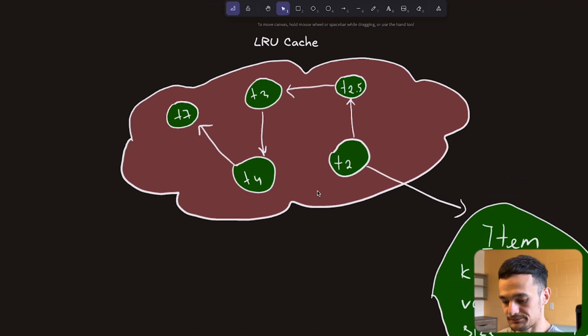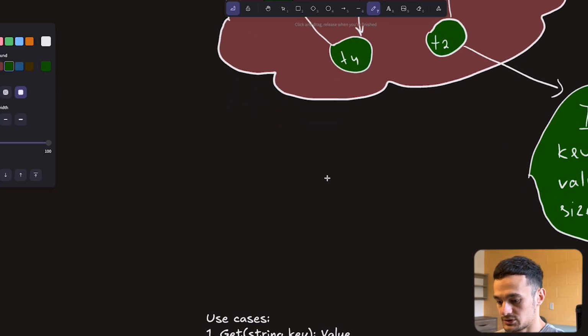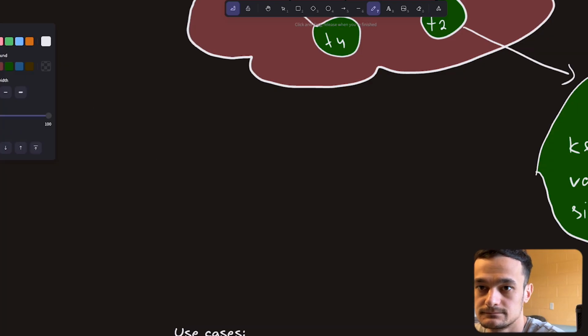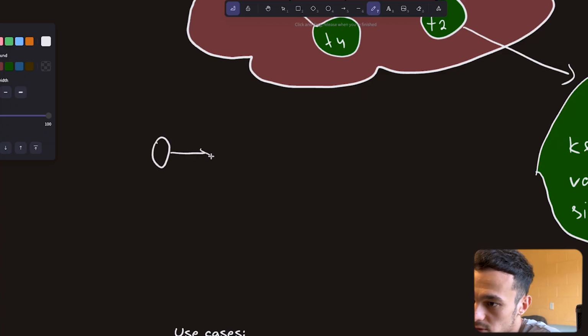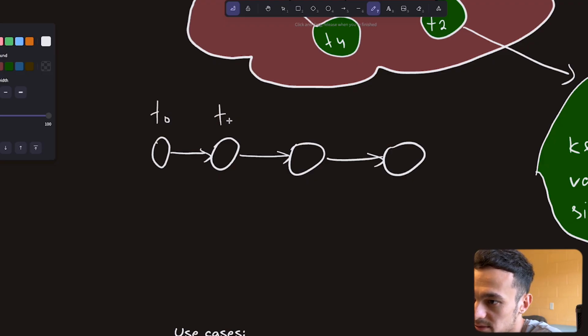I'm going to show it here. I want to keep or store items sorted by their timestamp. This came in at time 0, this came in at time 1, this came in at time 2, this came in at time 4, for example.